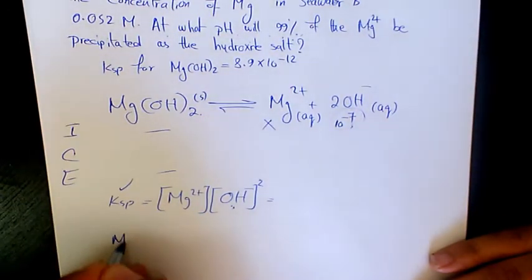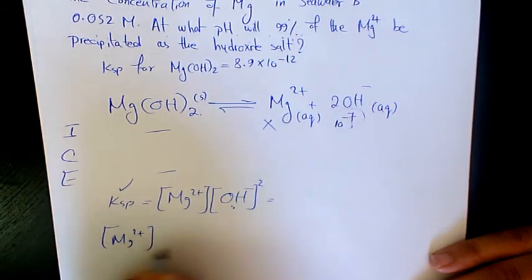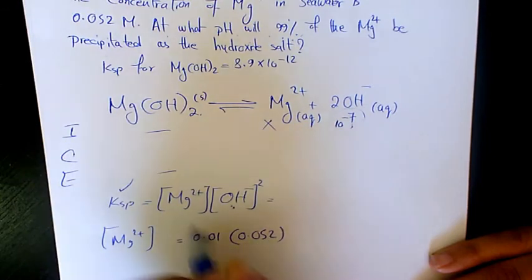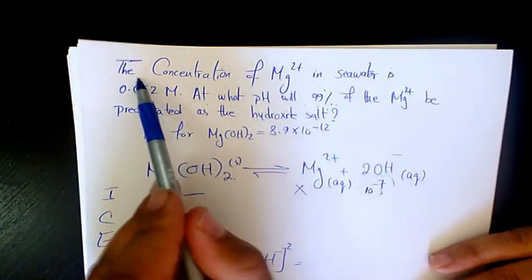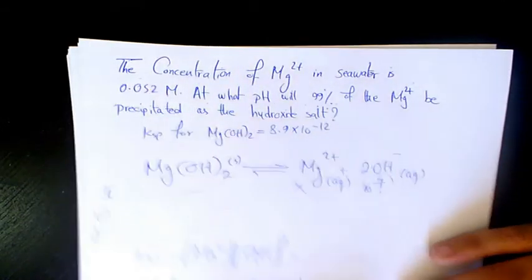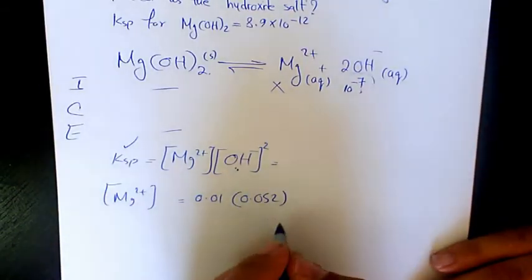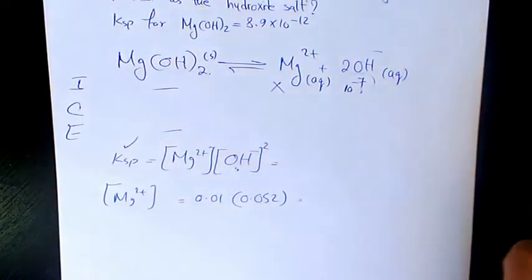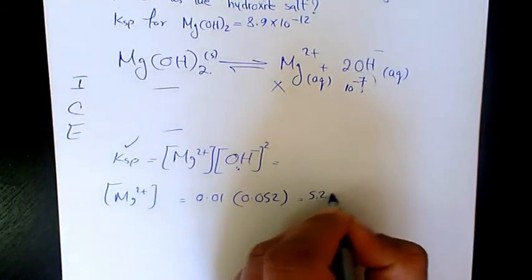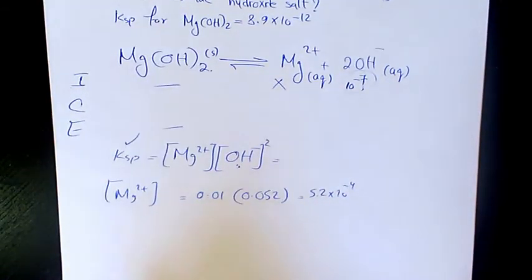So the Mg concentration is going to be only 1% of 0.052, because as you remember, it says the concentration of Mg in seawater is 0.052. 1% of it is going to be 0.01 times 0.052, 5.2 times 10 to the power of negative 4 mole per liter.